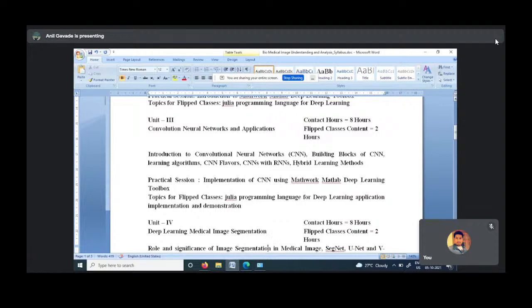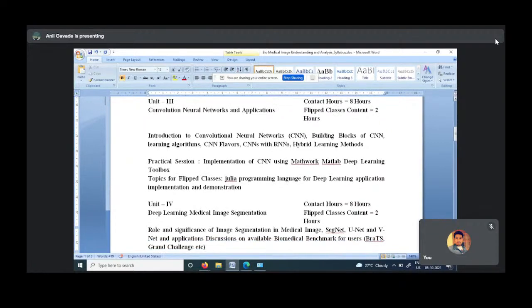We start from scratch and we end up with pre-trained models. We have several CNN models that will be taken up in unit number 5 with examples. So we will be dealing in detail with 4 different pre-trained DNN models which we use. This is the overview of the third unit.